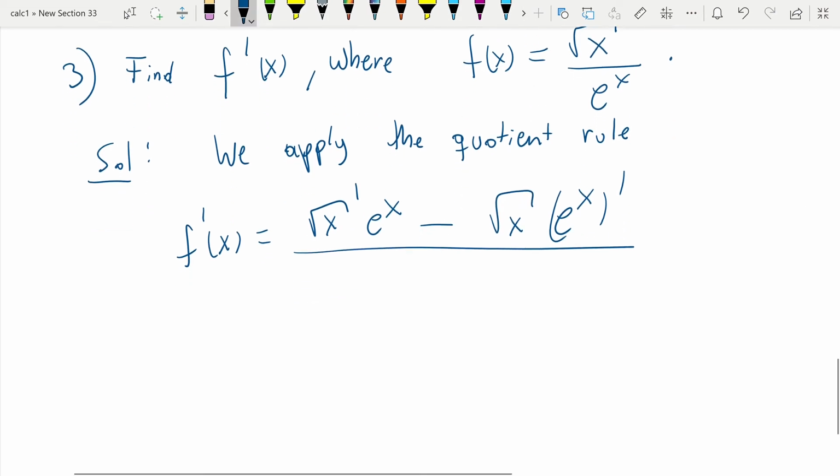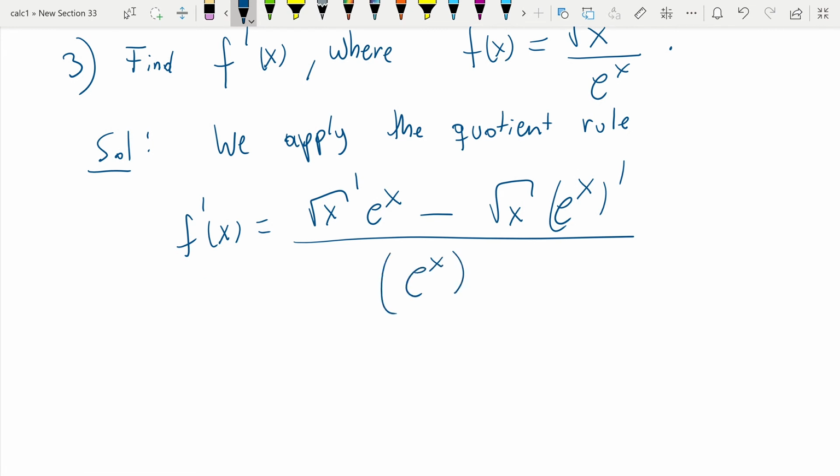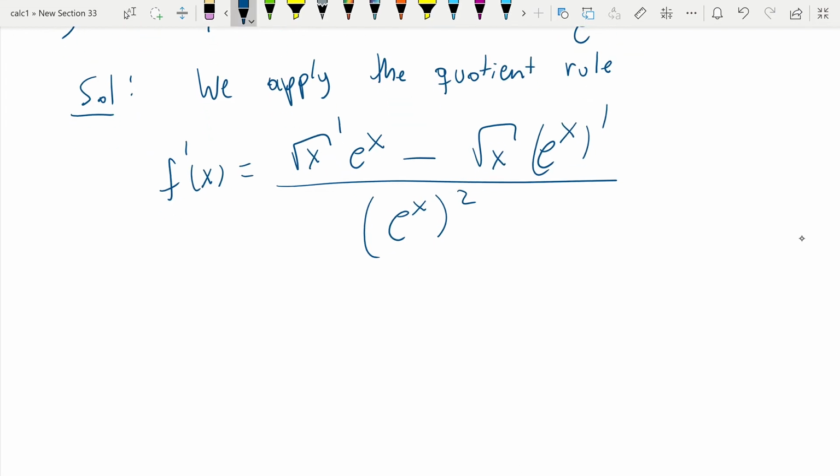All of that divided by e to the x squared. Okay, so now we find the derivative of the square root of x. Remember, this is just a power function. We talked about this last week. So alpha here is 1/2.